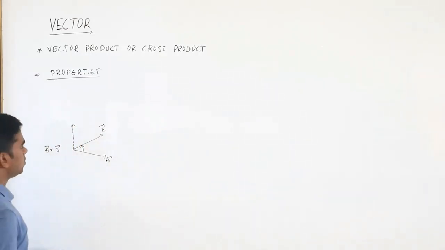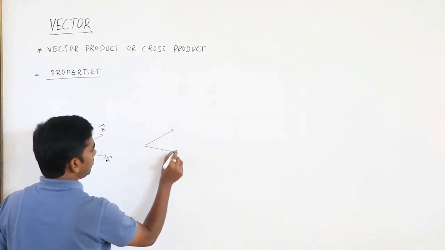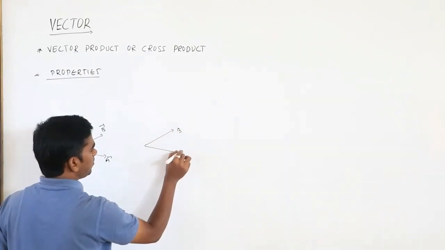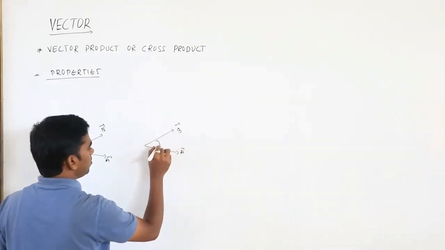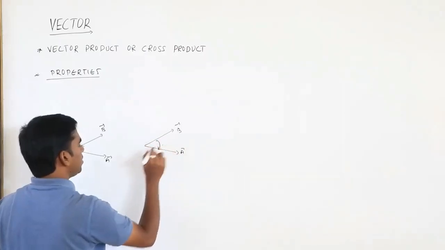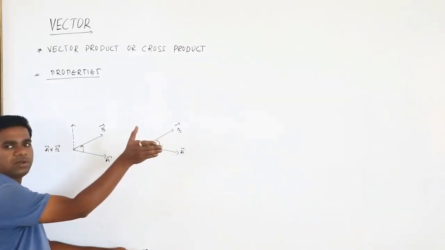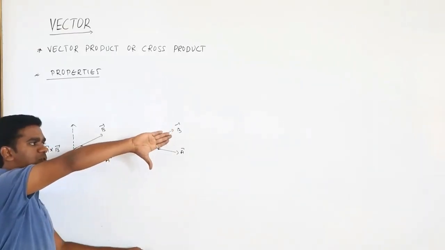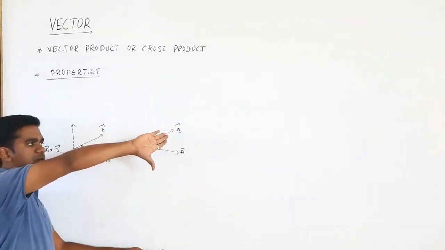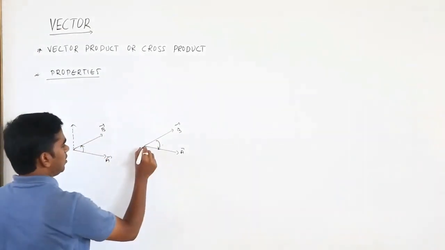Then suppose instead of this one, if I move from B to A, what will happen? Moving from B to A, you cannot go from A to B. Okay, B to A. So if it comes from B to A, resultant will be in downward direction.